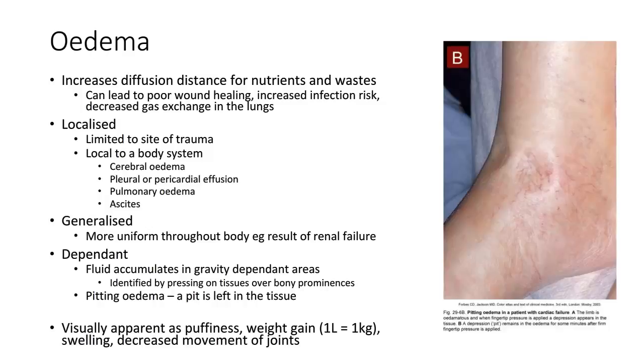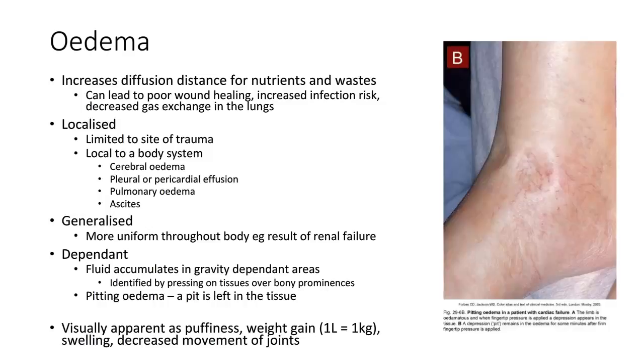Of course, you can see localized edema. Whenever we see trauma, we can see localized edema. We might see fluid collecting between the layers of the serous membrane, so the pleura or the pericardia, and or the peritoneum, which results in ascites. If it's more generalized, it could be the result of renal failure, so there's no one site where the fluid's collecting.